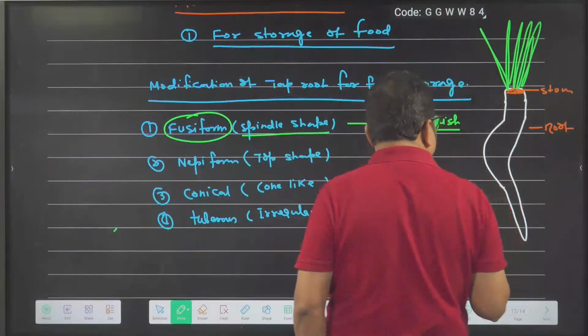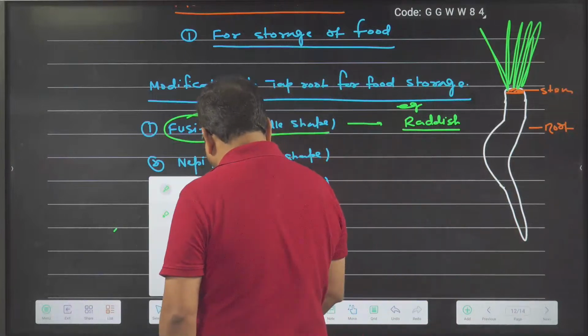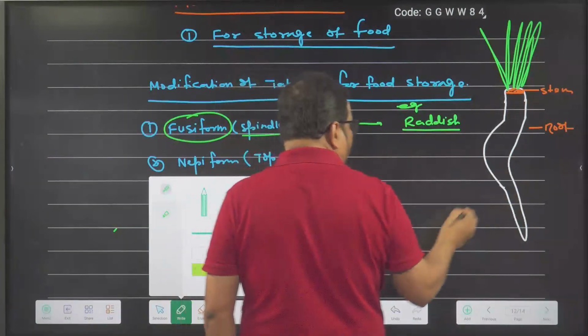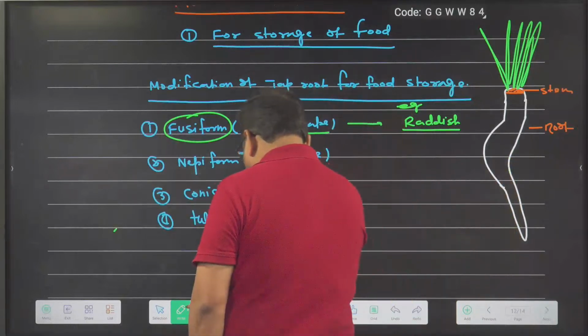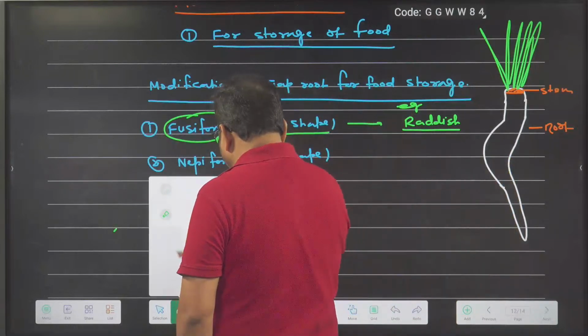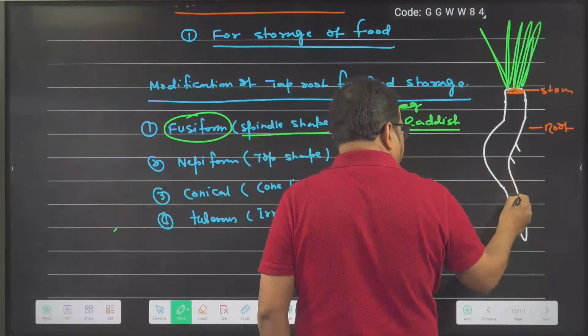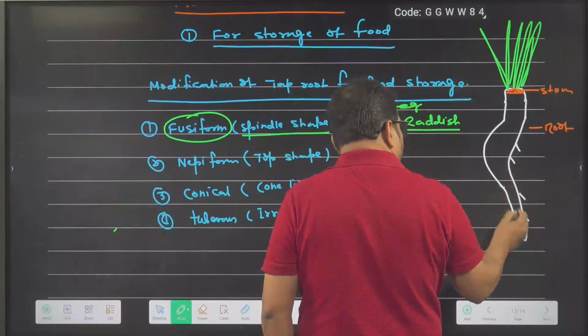Getting the idea or not? And this is primary root. Primary root becomes swollen due to storage of food. And from primary root you will find secondary roots, thin secondary roots, are arising. So food is stored in which root? Primary root. So here you will find some such kind of structure in the radish. So it is which one?